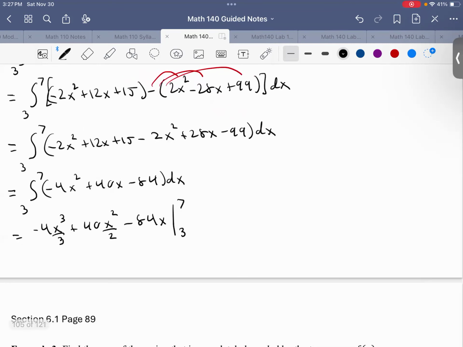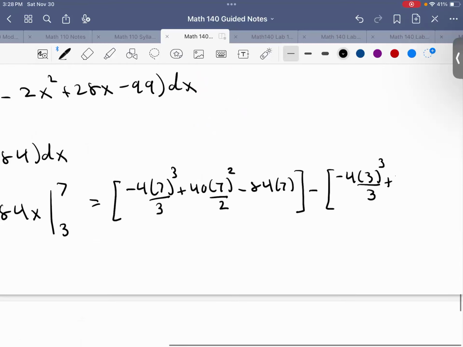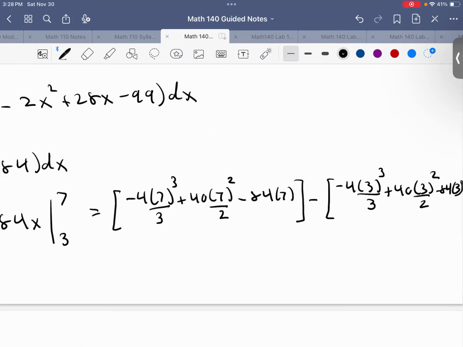And so we plug in 7 and 3: negative 4 times 7 cubed over 3 plus 40 times 7 squared over 2 minus 84 times 7, minus negative 4 times 3 cubed over 3 plus 40 times 3 squared over 2 minus 84 times 3. Sorry, running out of room a bit.